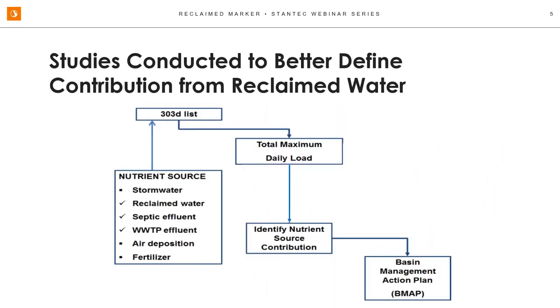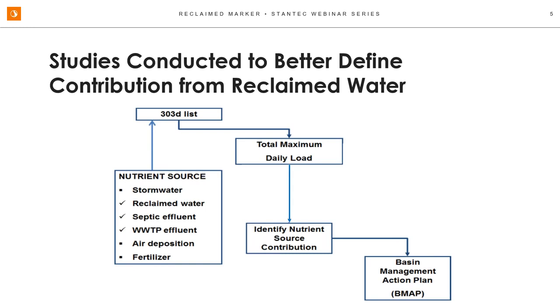Another way of looking at it is once a water is impaired, it gets put on a 303D. This is the TMDL list, and there can be a whole variety of nutrient sources that have contributed to that water body being listed.